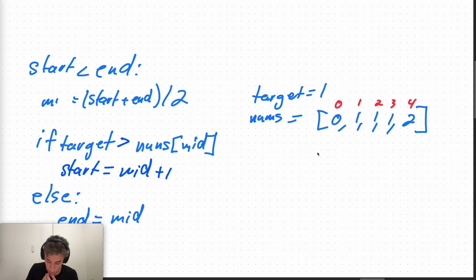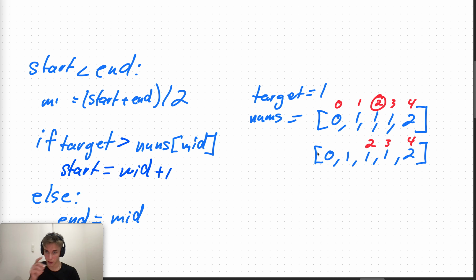We find our mid, which is our 2. The next iteration is going to be 0, 1, 1, 1, 2, but the numbers in scope are now just 2, 3, 4. Next iteration, we find the middle. Middle is going to be 3.